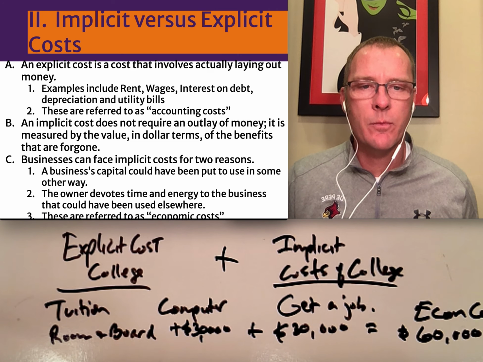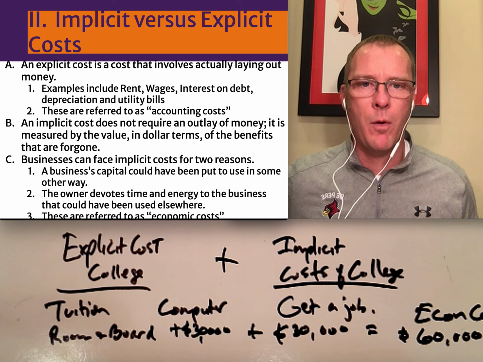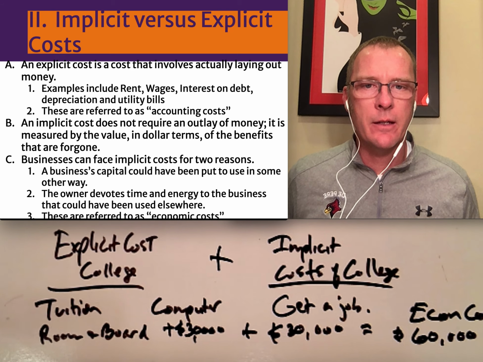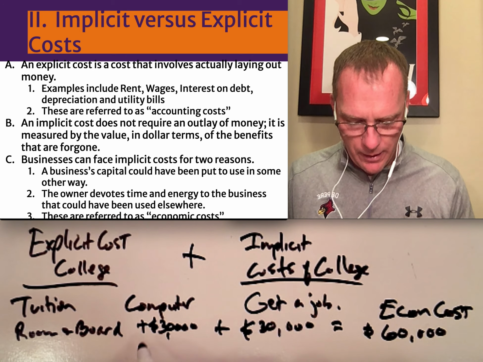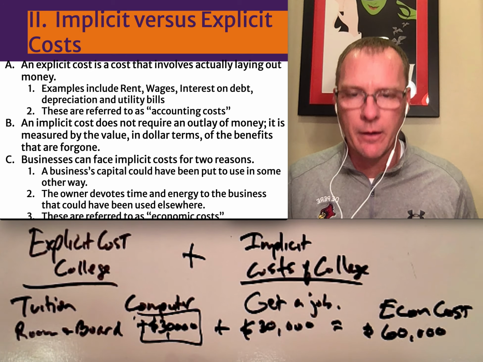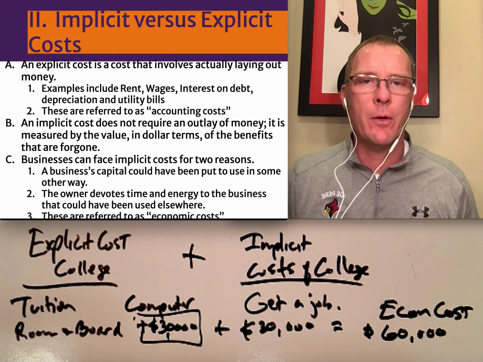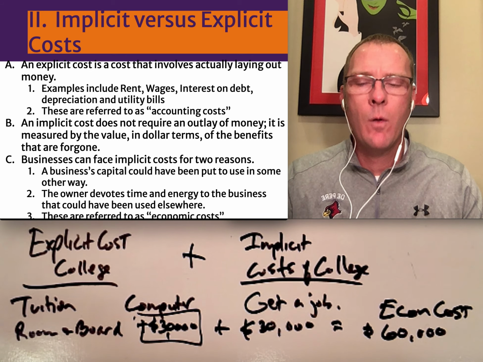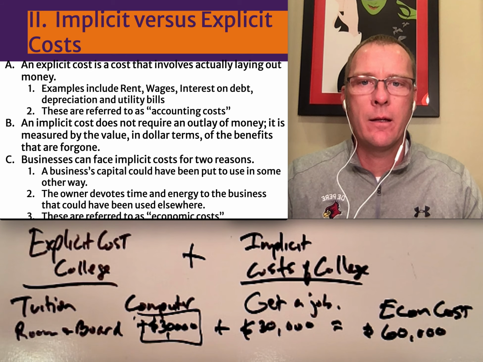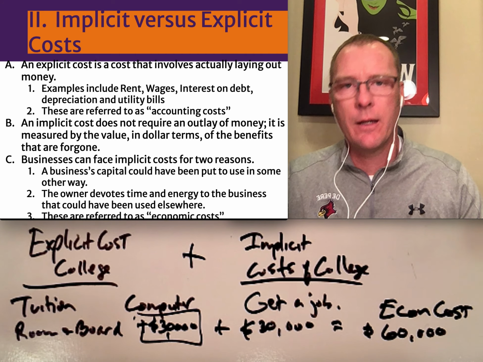That's going to cost me $60,000. And that is an interesting thing, because an accountant would only count this $30,000 here. So economic costs will always be higher than accounting costs because we add in what we would have done had we not done this.